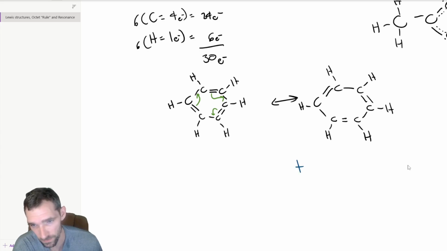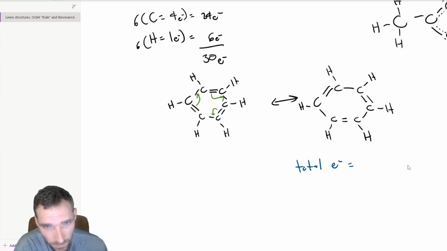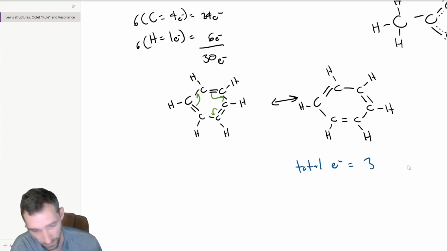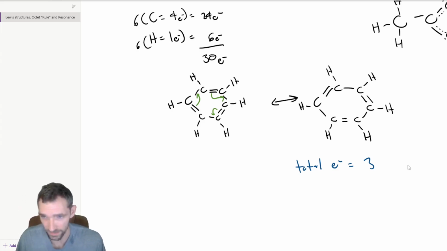So our total number of electrons here should be 30. And I'm seeing 1, 2, 3, 4, 5, 6, 7, 8, 9, 10, 11, 12, 13, 14, 15 bonds, each having 2 electrons in it. So that should be a total of 30 when we look at that. So yeah, that looks good as is.